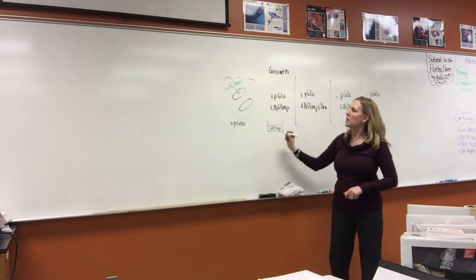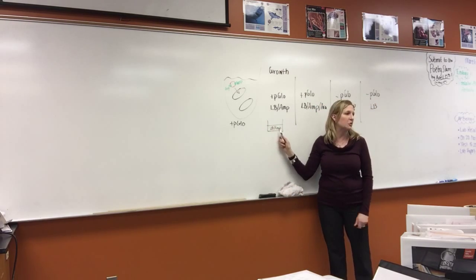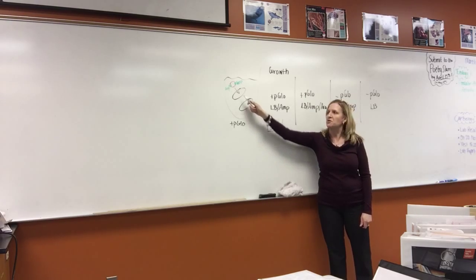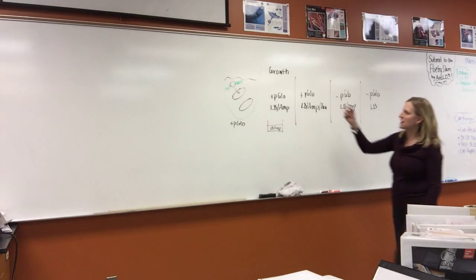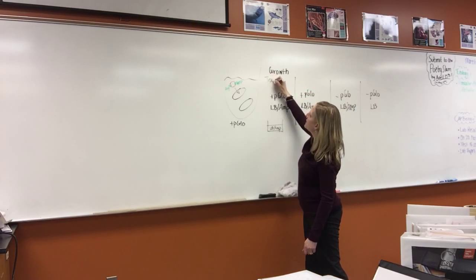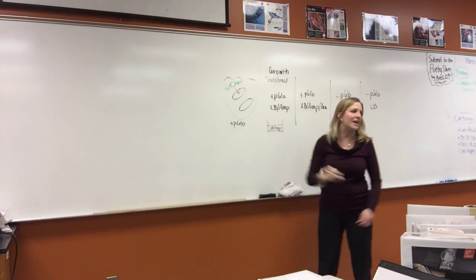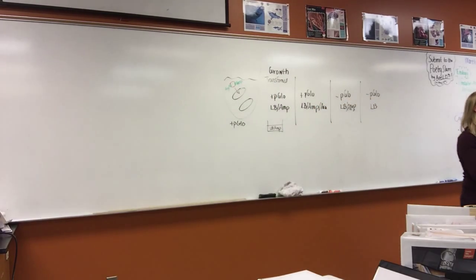And so my question to you is, what bacteria grew on this plate? Which type, the transformed or the non-transformed? The transformed. Why? Because any bacteria that did not take in the plasmid would not have the ampicillin resistance gene, which means they wouldn't be able to make the protein that breaks down ampicillin and lets them survive.